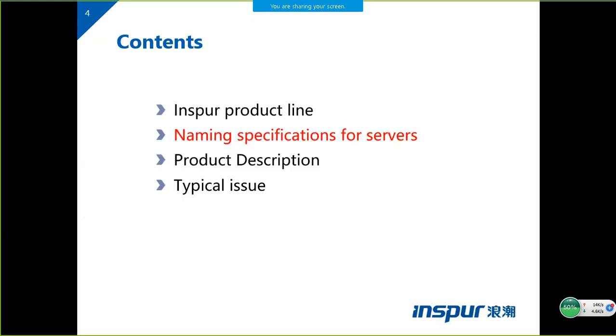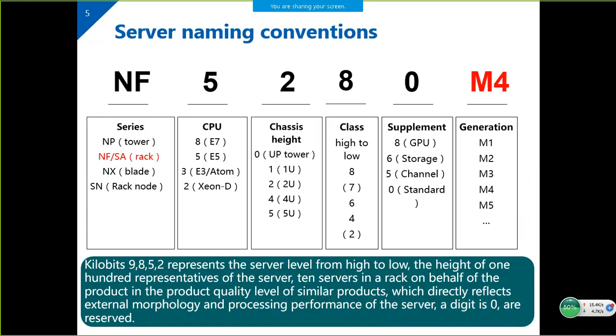And the second part is naming specification for servers. For example, this one, NF5280M4. NF means rack server, 5 means the CPU, and 2 means the height of the chassis. You must remember the number of the second one. 2 means the height.